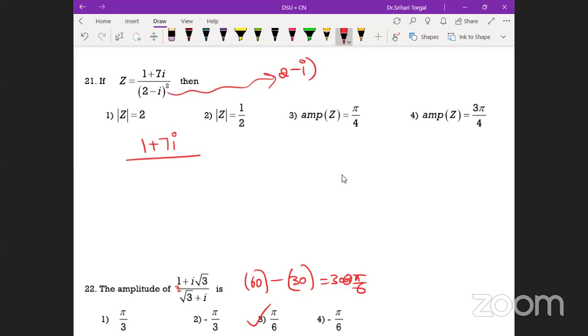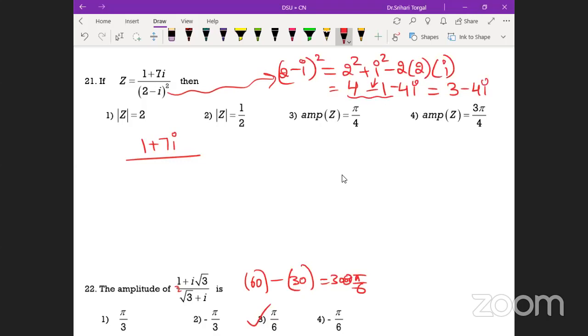Let me simplify this. (a minus b) whole square formula, 2 square. i square is what? Minus 1 minus 4i, which is equal to 3 minus 4i. See here, what is 4 minus 1? It is 3 minus 4i.